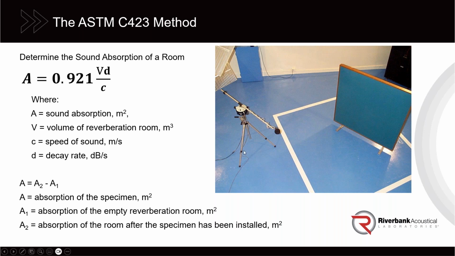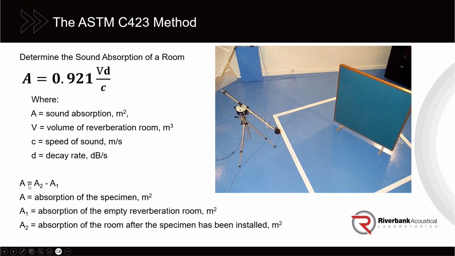In this test, we have a variation of the Wallace Sabine equation, which solves for the sound absorption using the inputs of the volume of the reverberation room in cubic meters, the speed of sound in the room, and the decay rate, the decibels per second rate of decay of sound measured in the chamber.